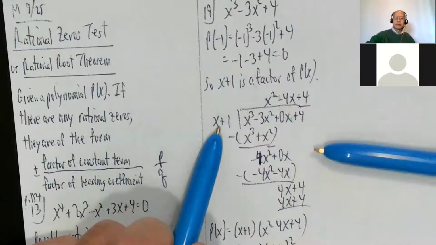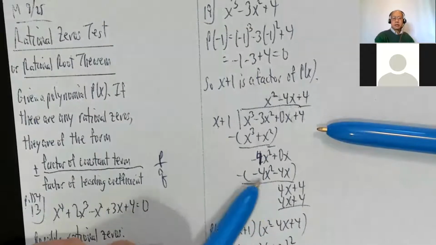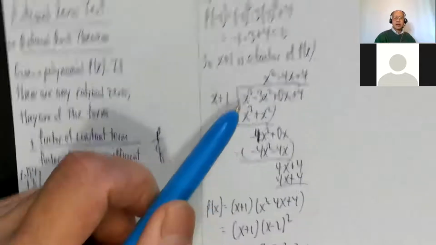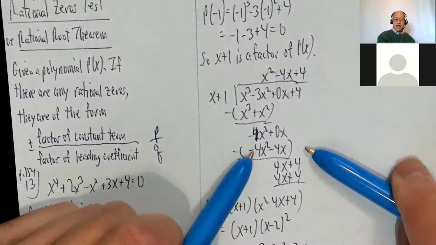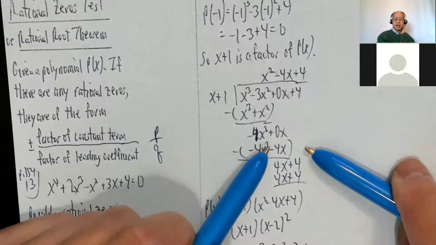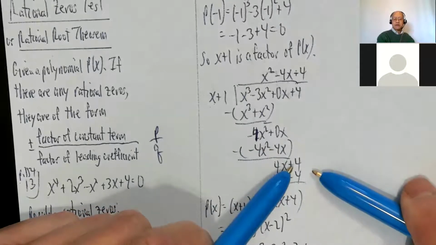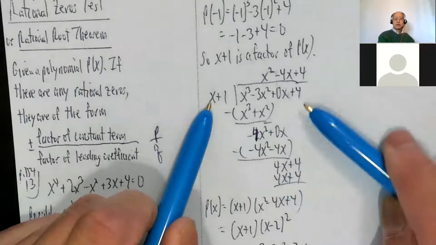Negative 4x times this whole thing is -4x squared minus 4x. Subtract, got to watch out for all the negatives. That minus that is 0. -4x squared plus 4x squared, 0. 0 minus a negative 4x is 4x. Bring down the plus 4. x into 4x plus 4.